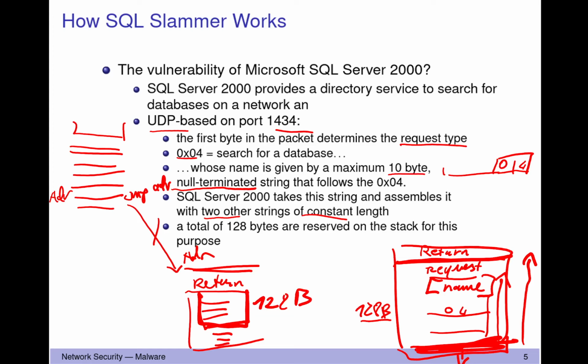So the problem is, if this buffer that was reserved for the storage is overwritten, then you could also overwrite the return address. And if you deliberately selected specific new information that you put at this specific point in the stack, then you can control at what point your code should continue.